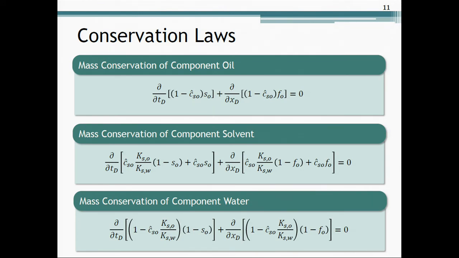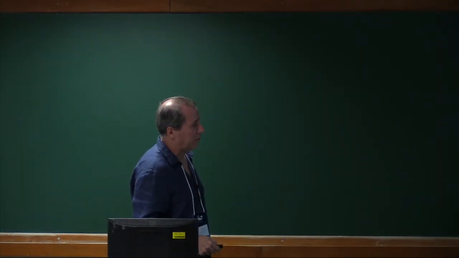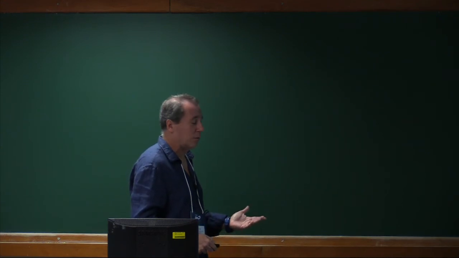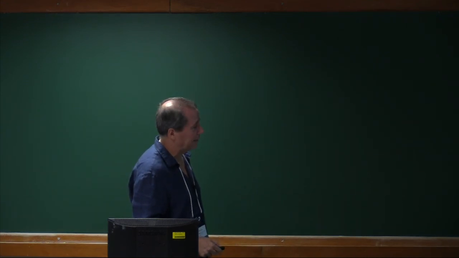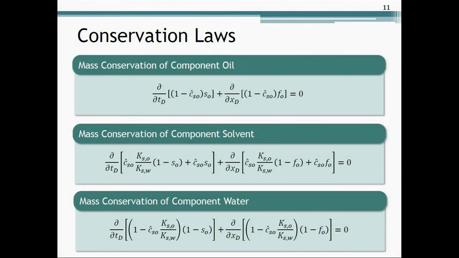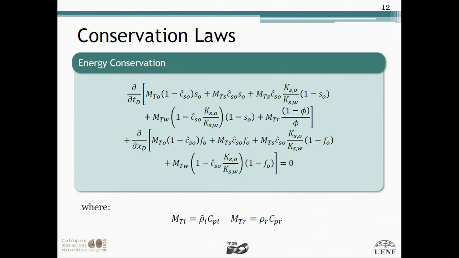If we deal with solvent with steam injection, here we have a relation between Henry's constant and system pressure. Also, it will have an impact, we believe that there is an impact, we still don't know. And oil, solvent, water, and the energy conservation.